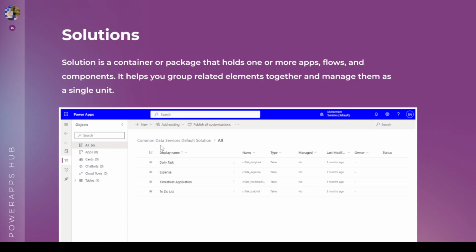But managed solution is what, if we develop something in development environment and we are moving it to production environment, we have to make sure that no one is able to change anything in the production environment. So in that case we use managed solution. So an unmanaged solution can be edited by anyone, but if you export the solution as a managed solution, then no one is able to edit it.